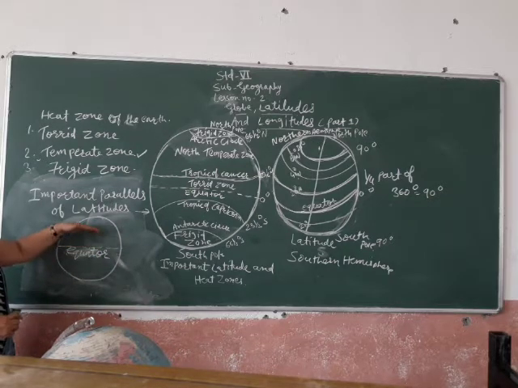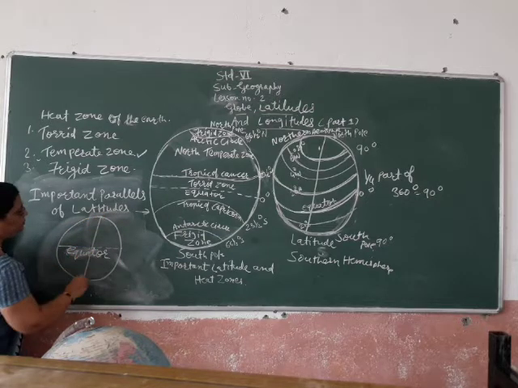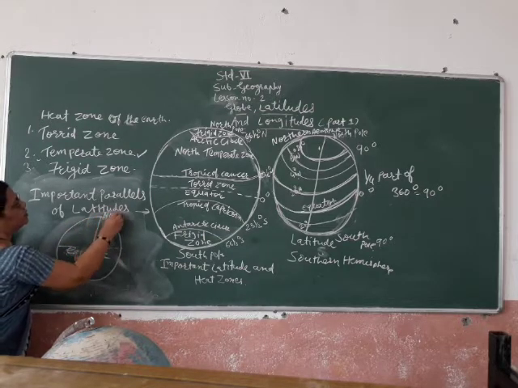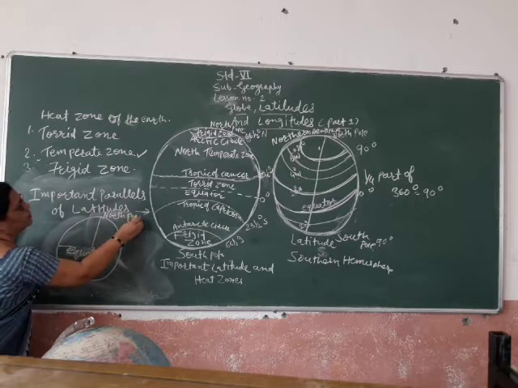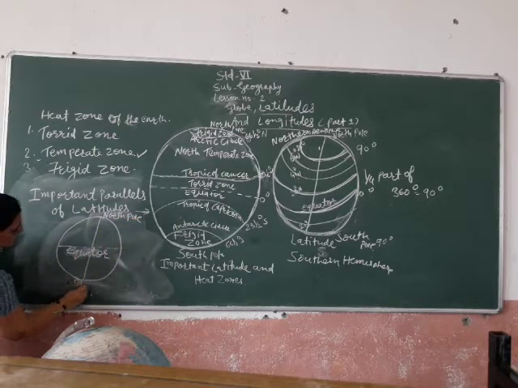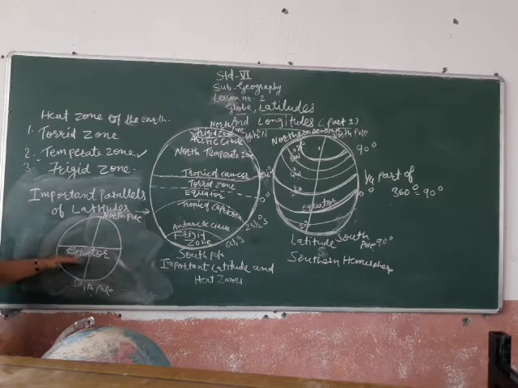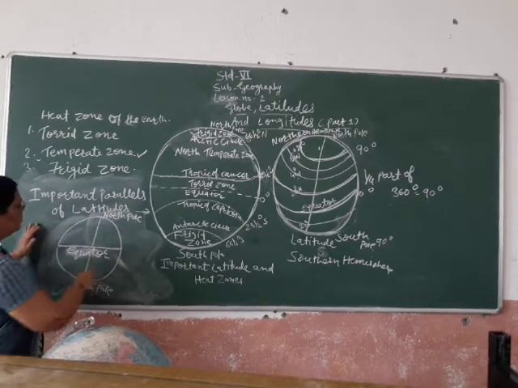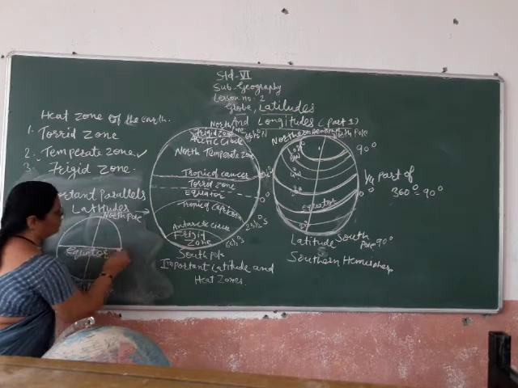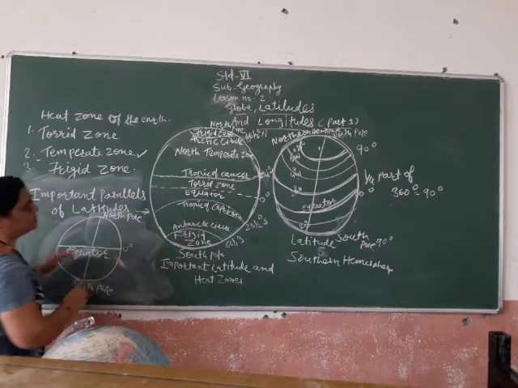Here is the North Pole, and this is the South Pole. Because of the equator, the earth has been divided into two parts. Got it? The equator is always at 0 degrees.